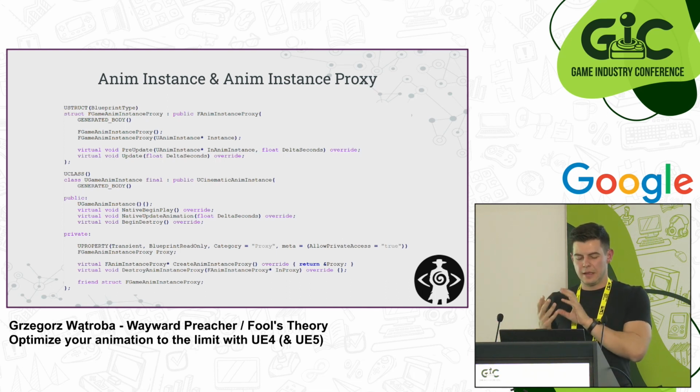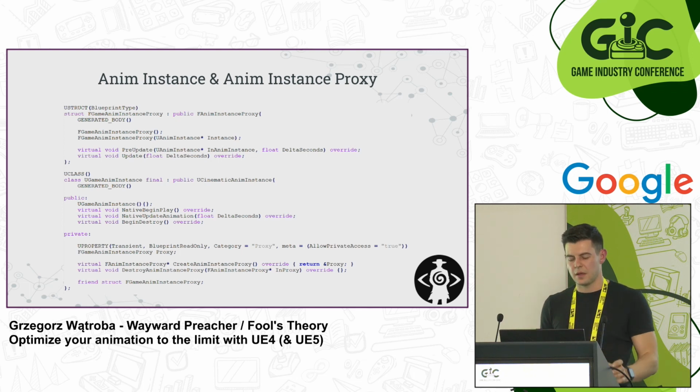There's this mechanism within anim blueprint that might suggest you to use it, or it can actually detect whether you have a custom anim instance proxy and allows you to click in data directly. And that's the proper approach if you have large-scale animations to maximize the attempt to use multi-threaded update.